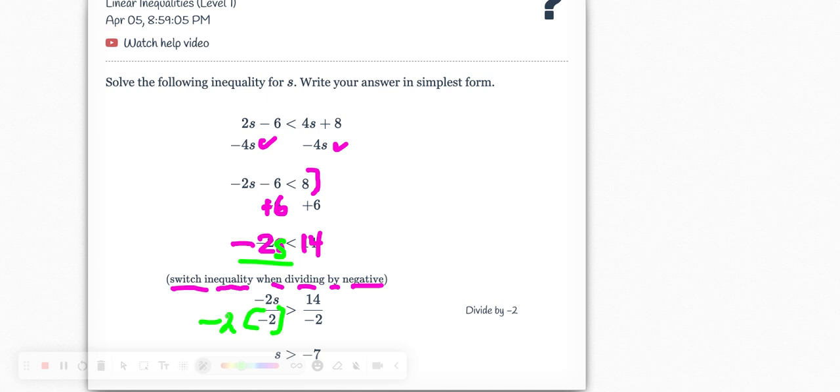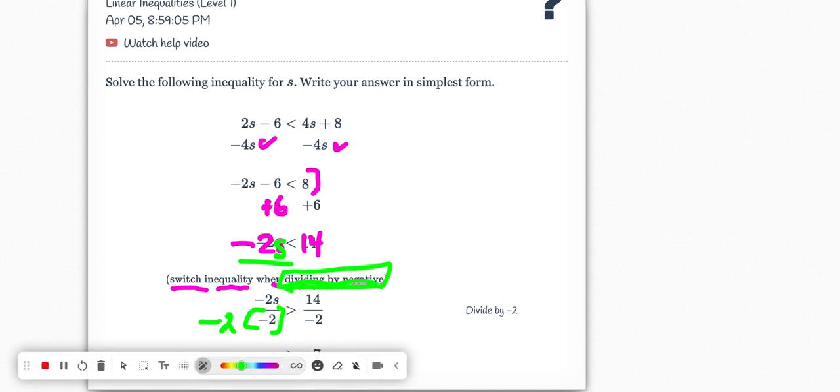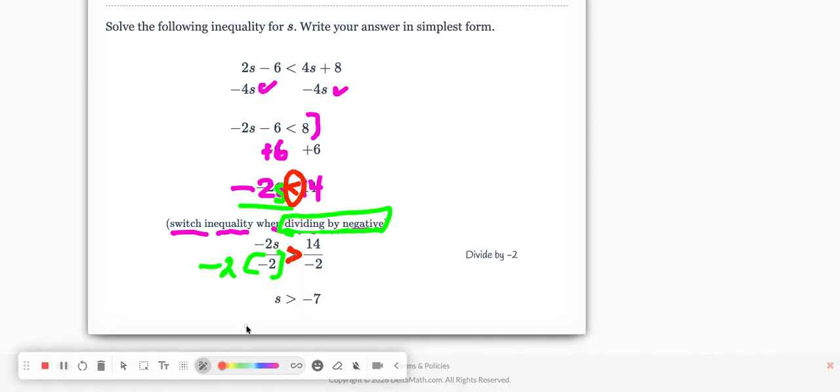But when you divide by a negative, you switch the direction of the inequality. So instead of pointing this way, you switch the direction of this and it points that way. Okay. So the way this reads, by the way, is you would say S is greater than.